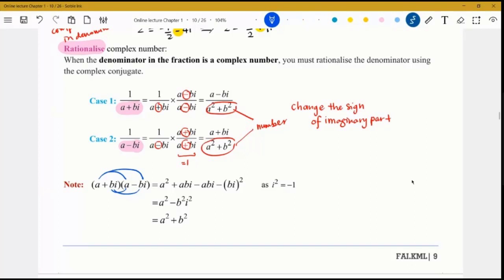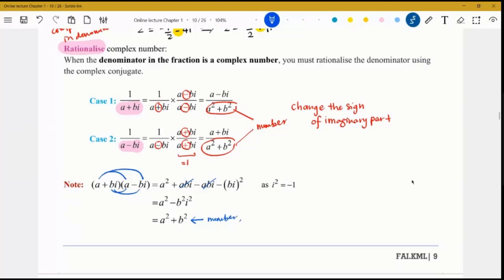B adalah square, I adalah square. Okay, tengah-tengah ni akan hilang sebab dia plus minus. So yang end up adalah hujung dengan hujung. So A square adalah number. So I square adalah negatif 1. So dia akan jadi A square plus B square. So ini adalah number.